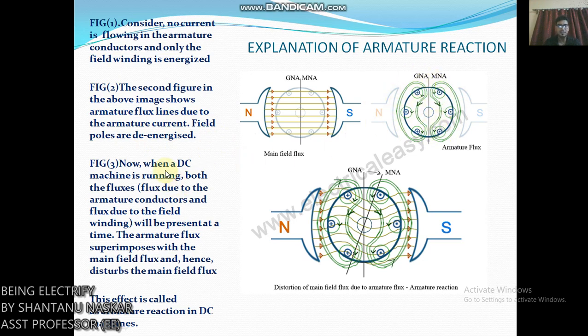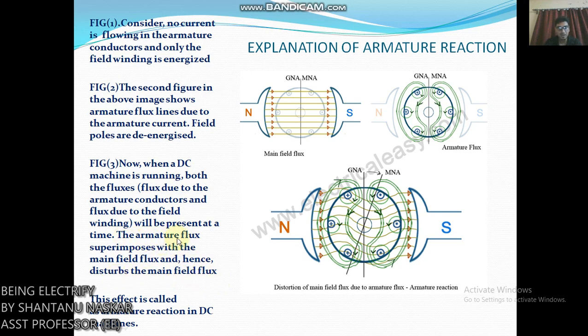Now figure 3. When a DC machine is running, both the flux due to the armature conductors and the flux due to the field winding will be present. At that time the armature flux superimposes with the main field flux and hence disturbs the main field flux. This line is very important.